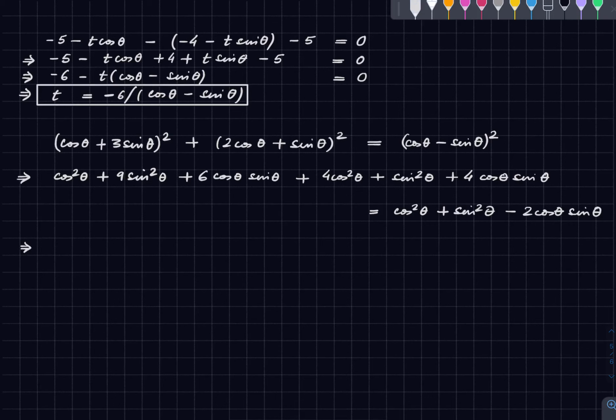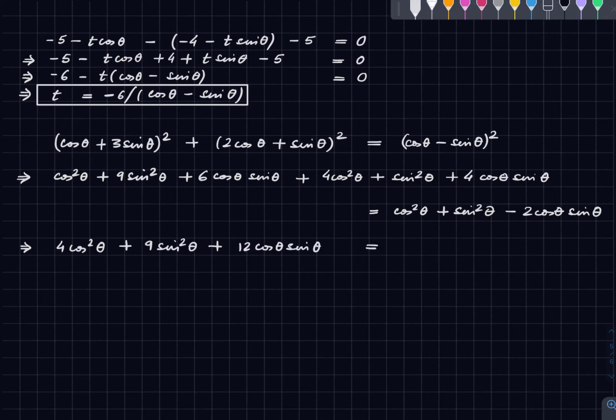So now what do we do? If you solve it, you will get 4 cos square theta, because one guy cancels out, plus 9 sin square theta, plus 6 plus 4, 10 plus 2, 12 cos theta sin theta.